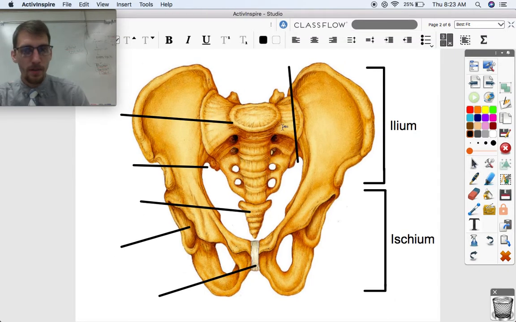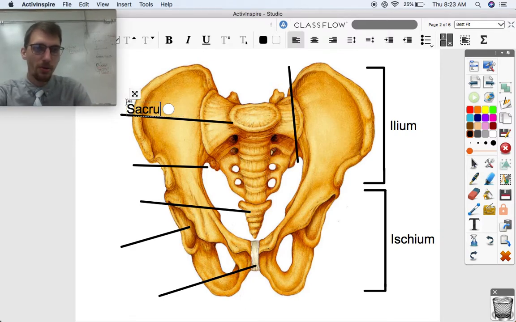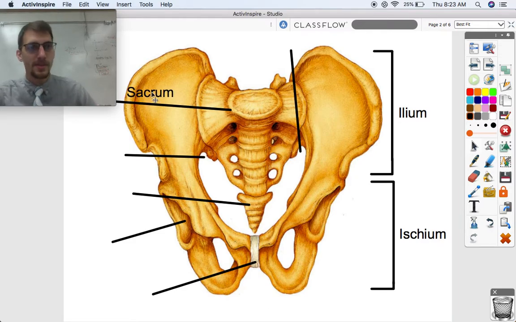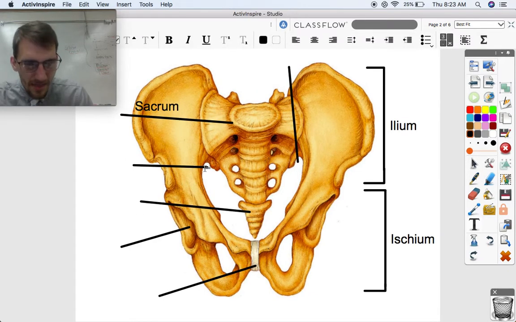This bone in the middle makes up your butt bone, as I call it. That's kind of crude, but it's true. It's the bone that you sit on. It's called the sacrum. When we were discussing the regional body terms, the sacral region was between your hips back there, referring to the sacrum. This structure, well, it's a notch.